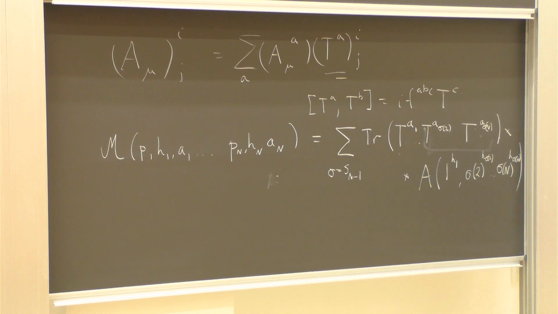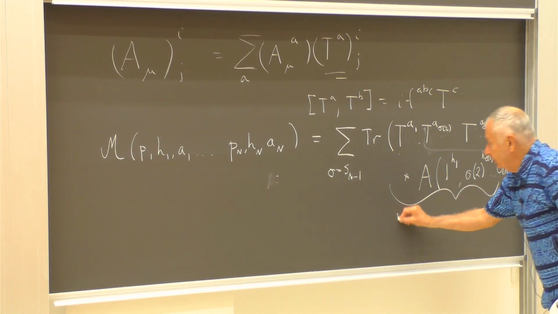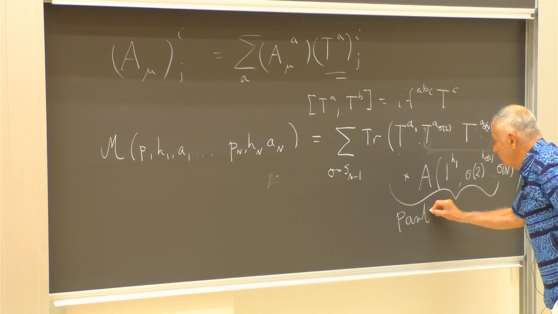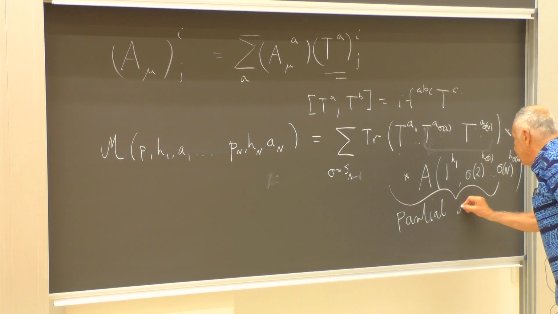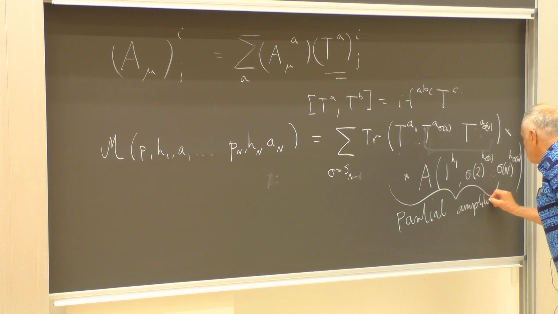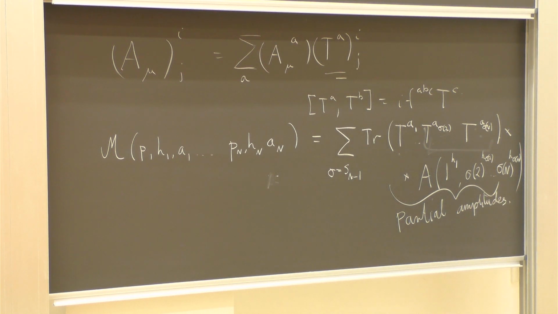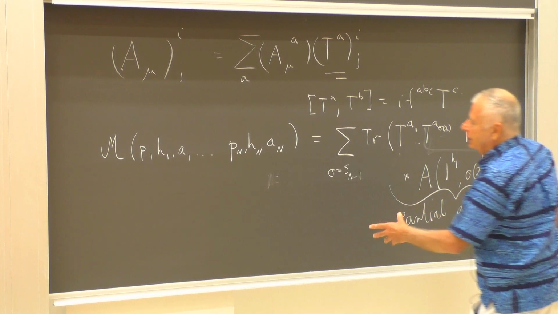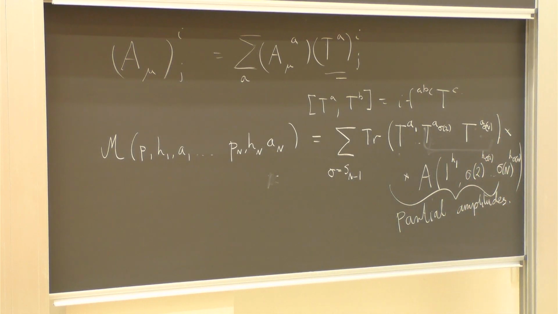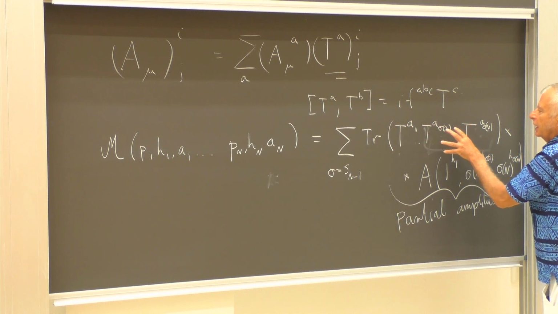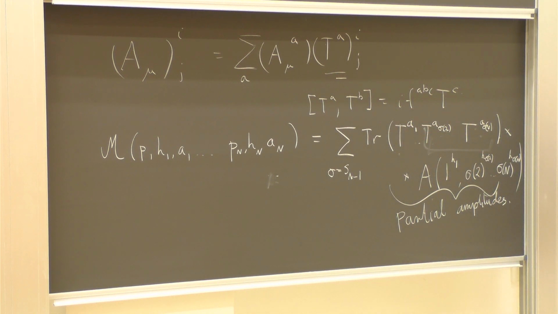These objects are called partial amplitudes, or color-stripped amplitudes. When you make a computation in Yang-Mills theory, it is usually reported in terms of these partial amplitudes, which are coefficients of specific color factors, of group factors.